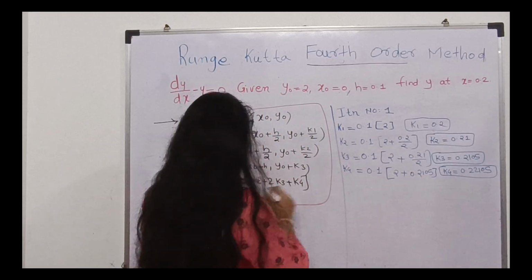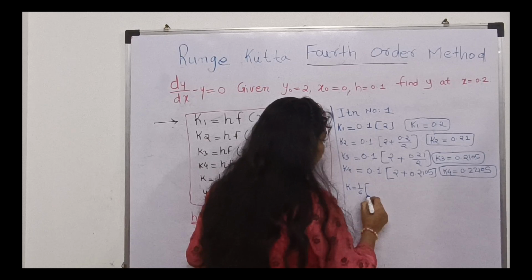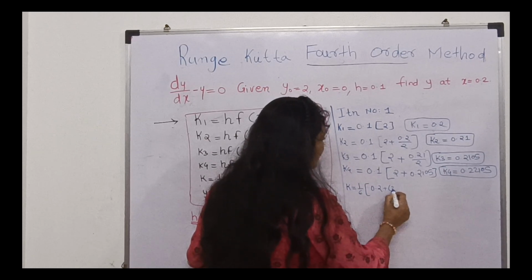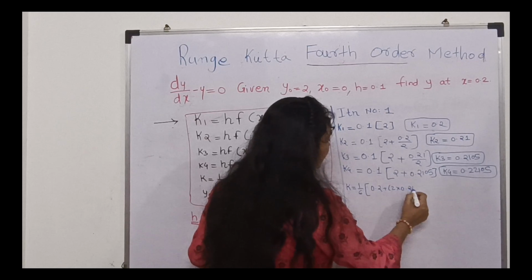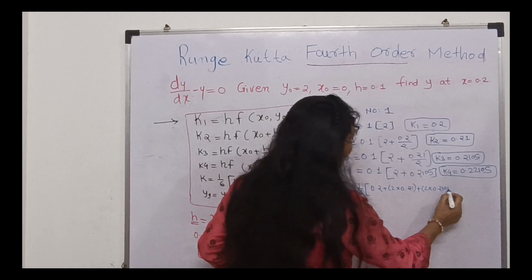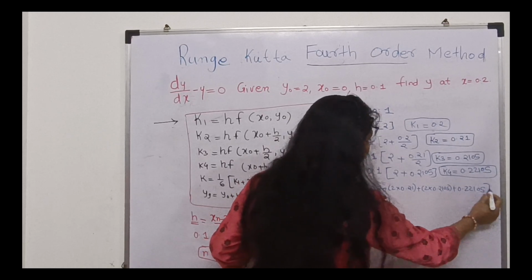Now let's calculate the overall K, that becomes 1 by 6 times K1 0.2 plus 2 multiplied by 0.21 plus 2 multiplied by 0.2105 plus 0.22105.